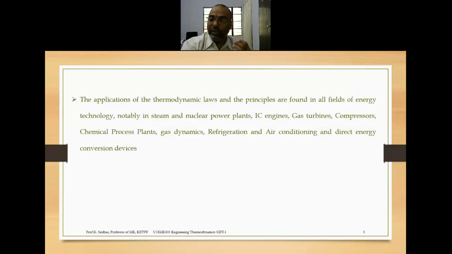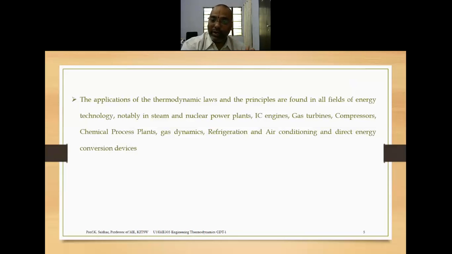In refrigeration and air conditioning, we simply use the fridge and the air conditioner, and we just get the cooling effect. So what is the magic in this air conditioner? How are we able to get the cooling effect by using the air conditioner, and how do the products cool when we keep them inside the refrigerator? What is the magic happening in the refrigerator and air conditioning?